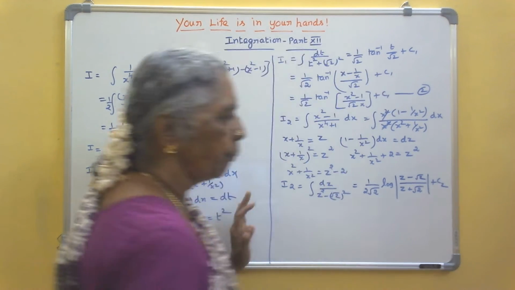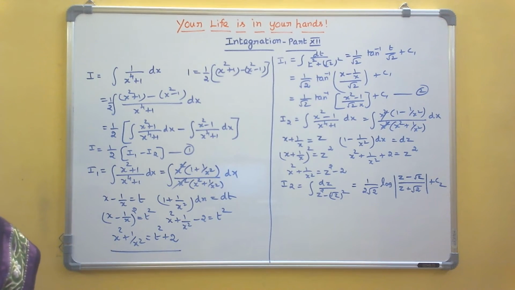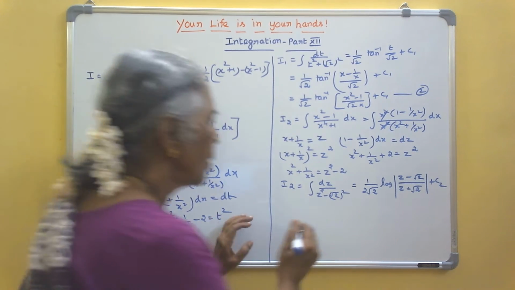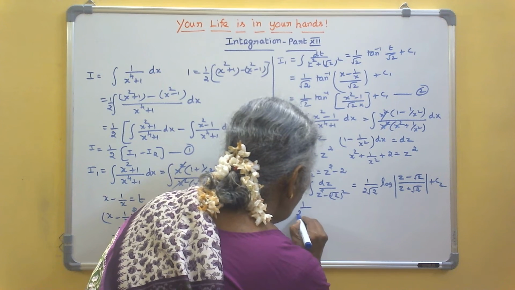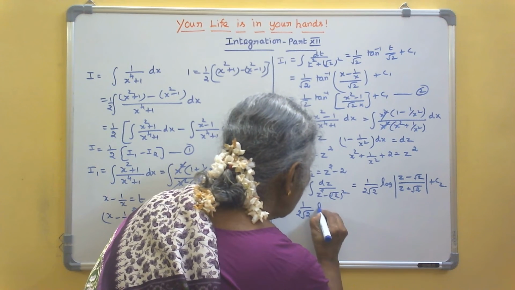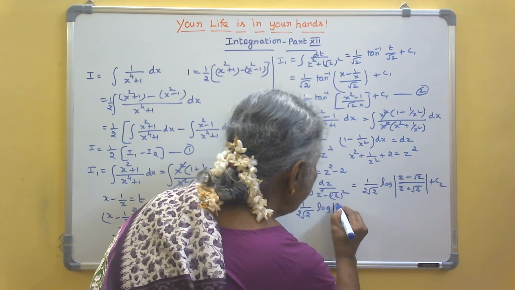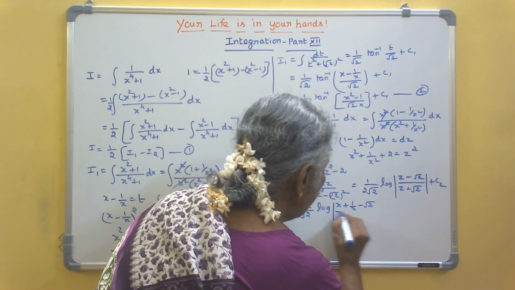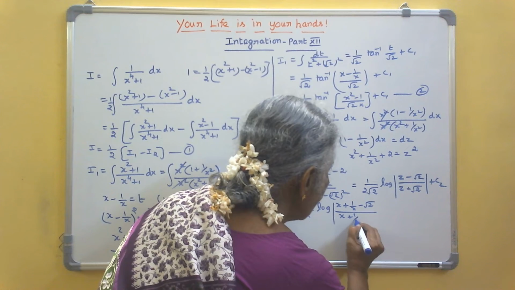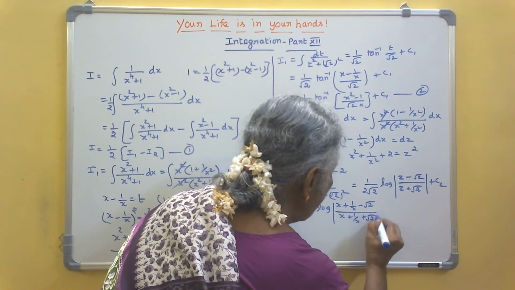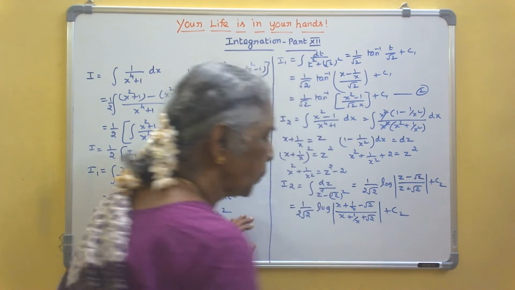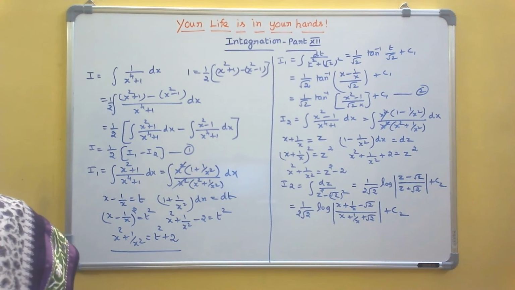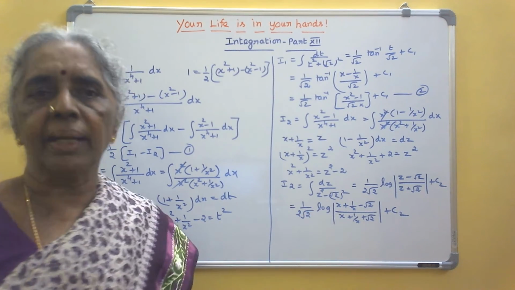plus c2. Now what is z? x plus 1 by x. So we will get here 1 by 2 root 2 log mod (x plus 1 by x minus root 2) by (x plus 1 by x plus root 2) plus c2. We can take x as the LCM in both the numerator and denominator.